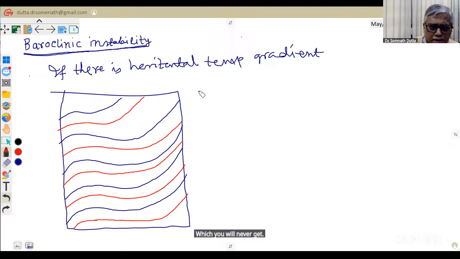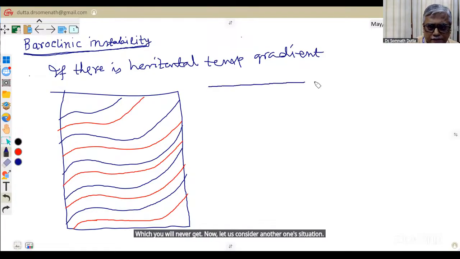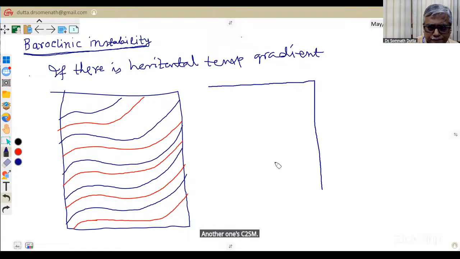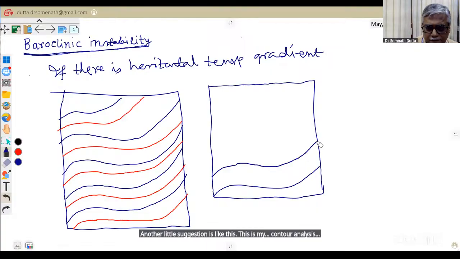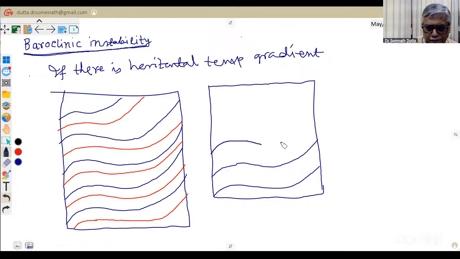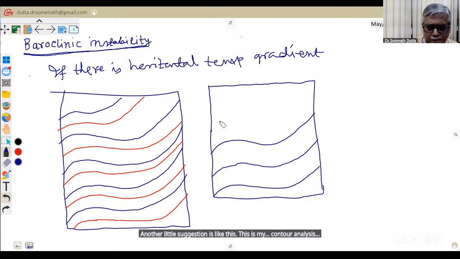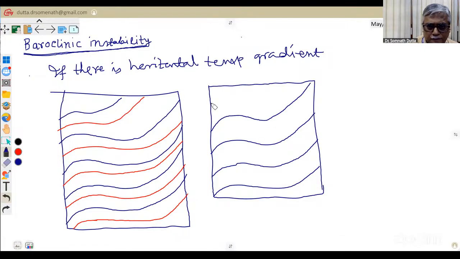Now let us consider another situation. Another situation is like this. This is my contour analysis, and say these are my isothermal analysis.